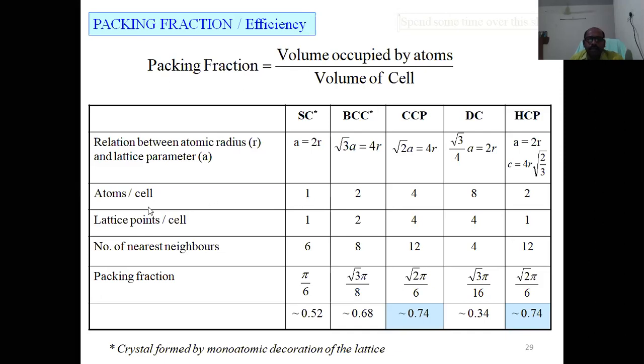We see the atoms per cell 1, 2, 4, and the corresponding lattice points per cell. Nearest neighbors, that is coordination number, is 6 in simple cubic, 8 in BCC, and 12 in FCC, and then the packing fractions, in terms of numerics and also in terms of pi. If we write the pi value, we get these values.